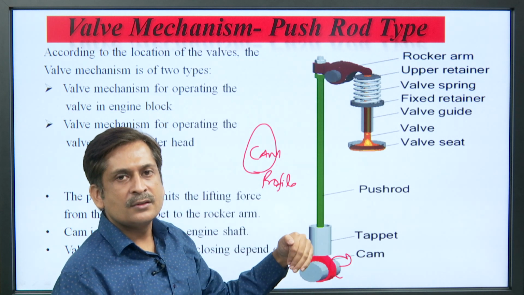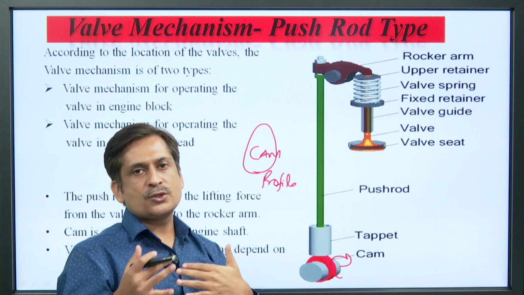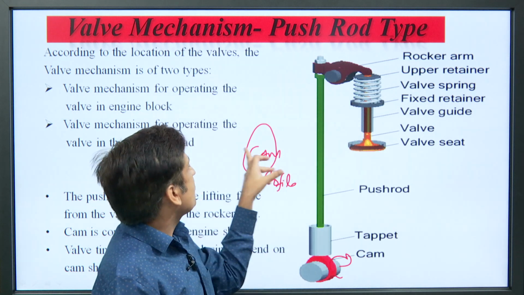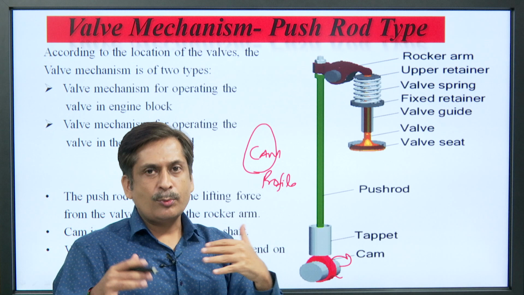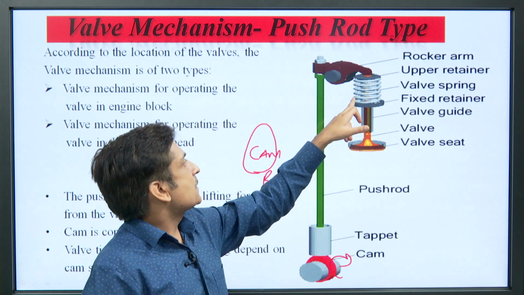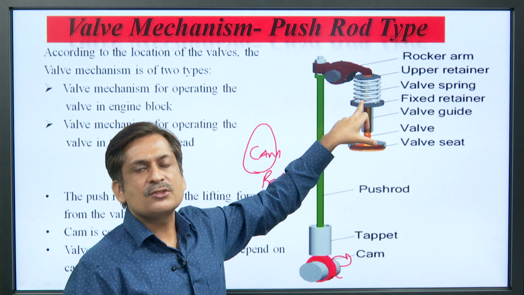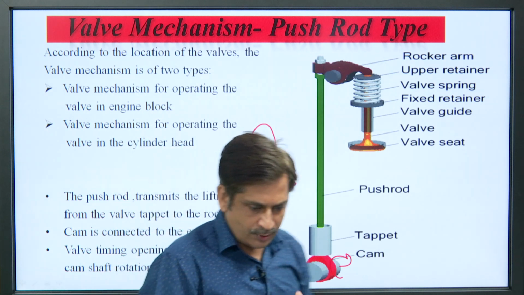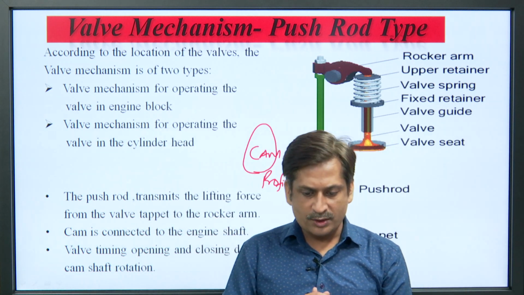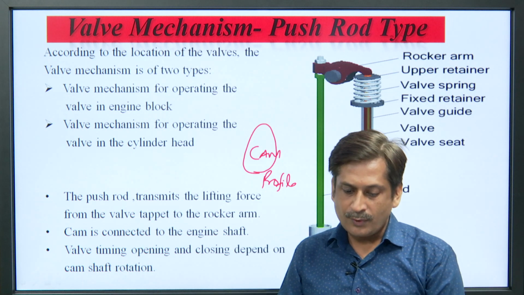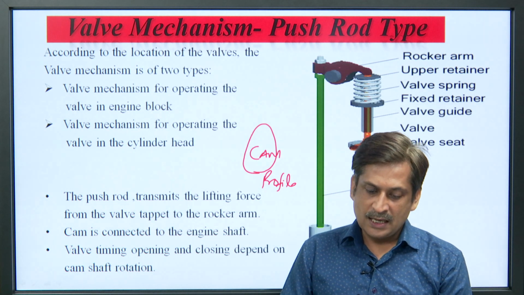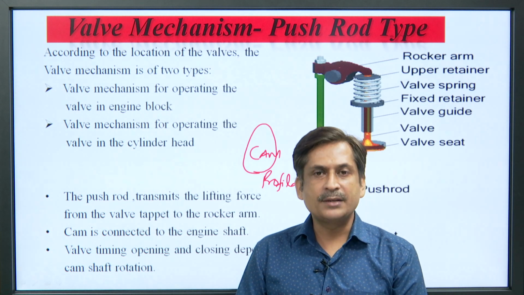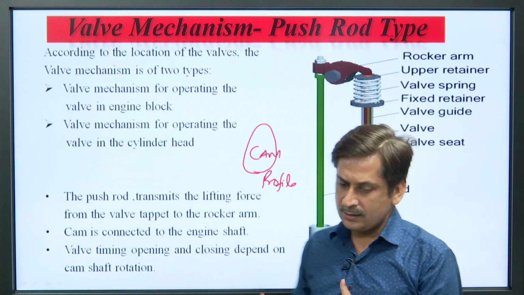So, fresh charge either enters or exhaust products go out, and after some time, depending upon the RPM of the engine and the stiffness of the spring, the valve gets closed. The push rod transmits the lifting force from the valve tappet to the rocker arm, the cam is connected to the engine shaft, and valve timing, opening and closing, depends on the camshaft rotation. So, these are the different components.